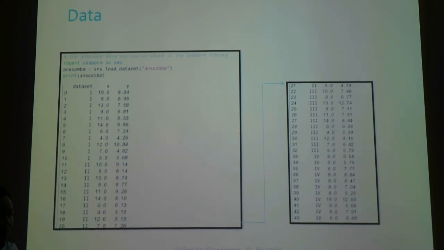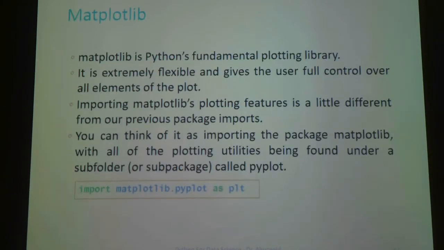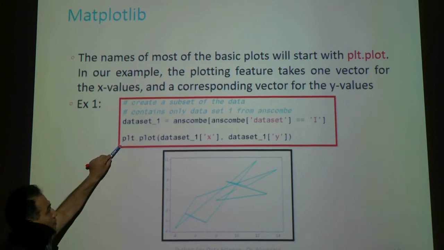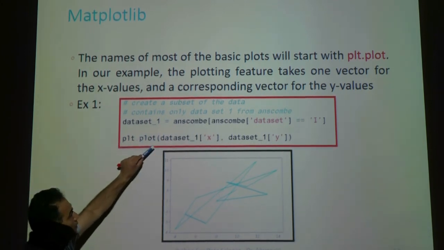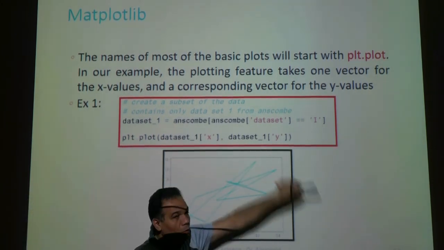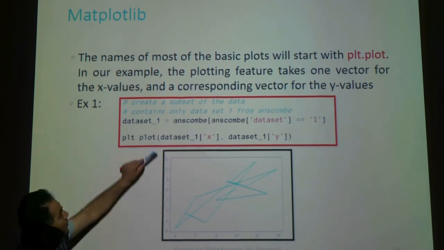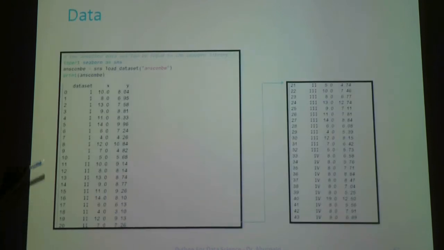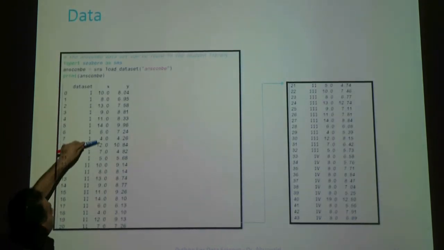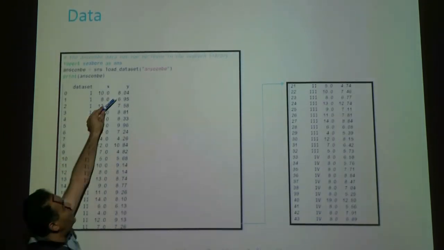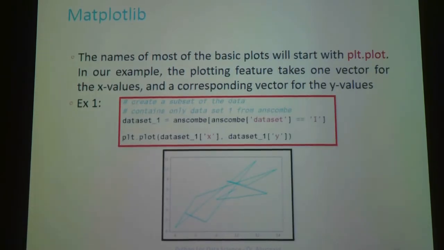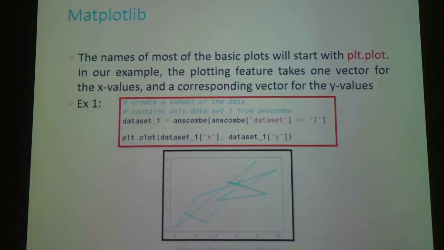I'm creating a data frame from this, and it's very simple. plt.plot x and y. So in here, data set 1 x. What is x? These are the x's, and the y's, and I plot it in here.